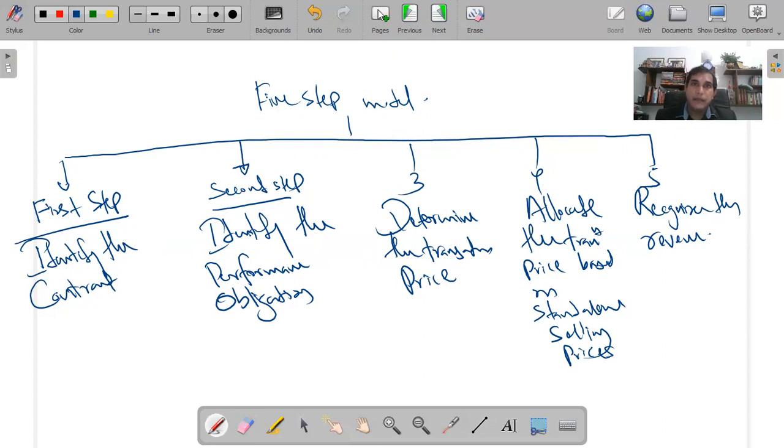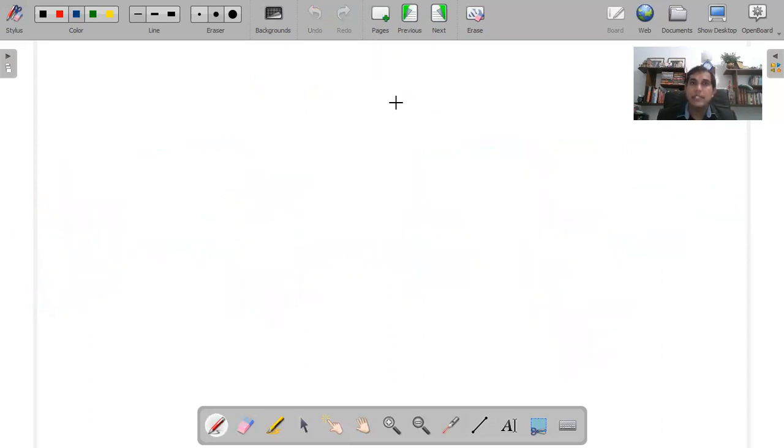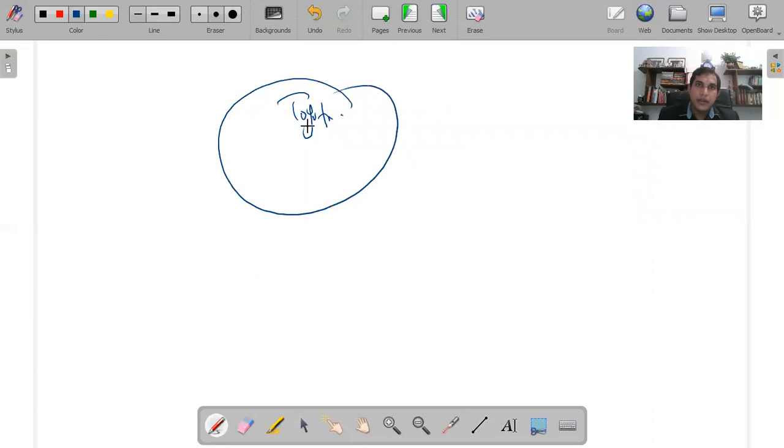Now I will give you one example. Let's say there is a motor vehicle selling entity, let's assume Toyota. There is a motor vehicle with a market price of, let's say, 8 million.